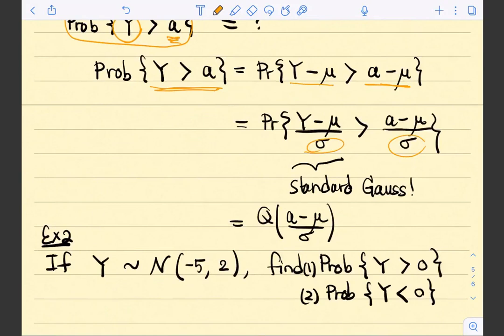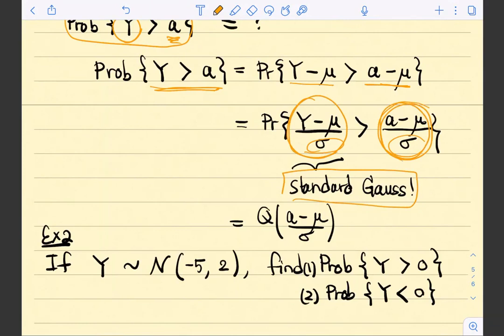Okay, so now you look at this. This is a standard Gaussian now, and it has to be bigger than this number. Remember, A is a number, mu is the mean, it's a number too, and sigma is the standard deviation, also some number.